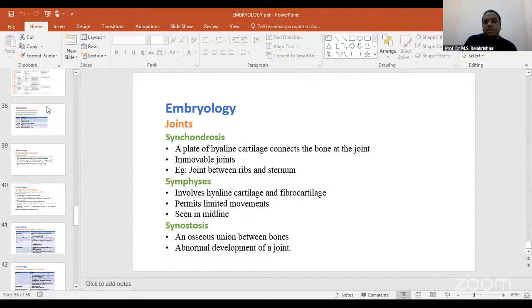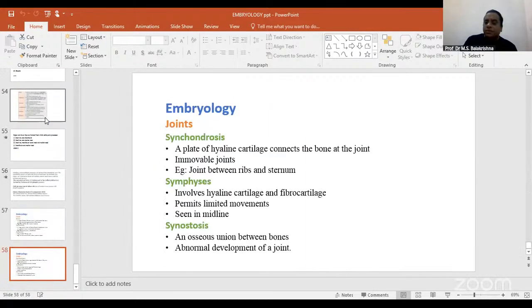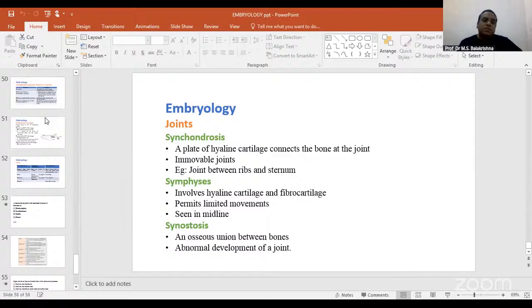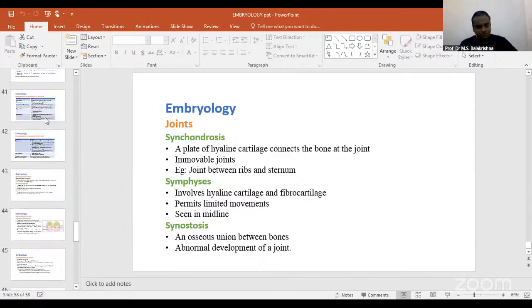Now coming to the next part, that is the development of your tongue, thyroid gland, face, and joints. That is what we will discuss in brief.